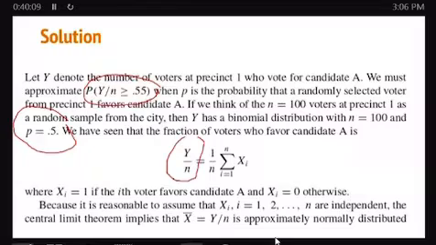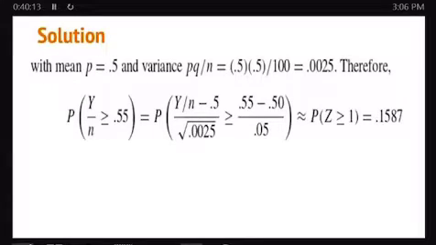Okay, and if I want to interpret that, this is what you're going to see. Y over n minus 0.5 divided by that. But right here, you can see I have 0.55. I did not apply continuity correction here.